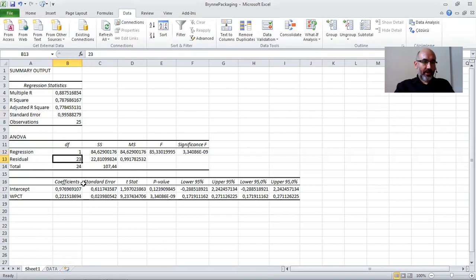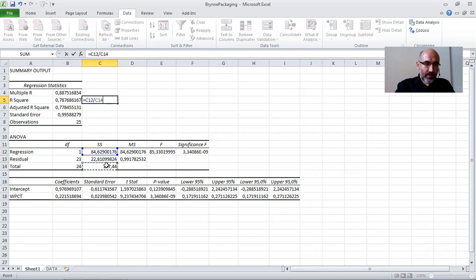Look at the degrees of freedom here, 23 degrees, n minus k minus 1. Sum of squares regression, sum of squares residual, and total sum of squares. So when I compute sum of squares regression divided by sum of squares total, you can immediately see that's my R square.